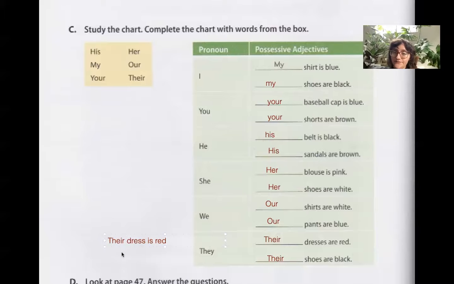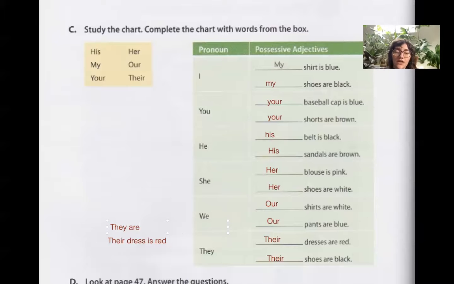Their dress is red. Now, if you're using the to be verb, and you're not having this noun next to the possessive pronoun, and you're using third person singular, you wouldn't say they is coming. You would say they are, right? So if you're using they, T-H-E-Y, you want to follow the rules of using are, they are.